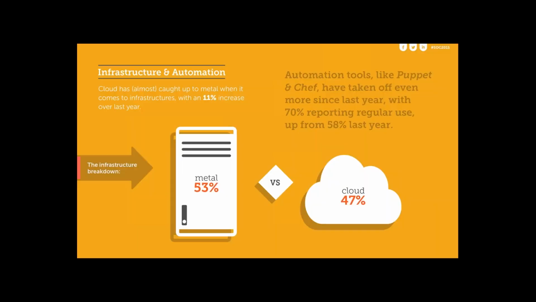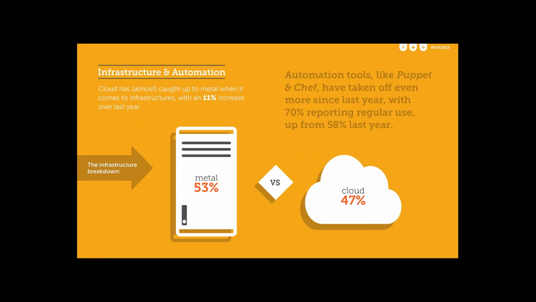Got it. Joni, why don't you talk to infrastructure and automation a little bit? Yeah, so when we're talking about the source of where all these alerts are coming from, we like to understand where our customers and other people in the space are hosting their applications. Up from last year, we're at about an 11% increase in cloud adoption over bare metal.